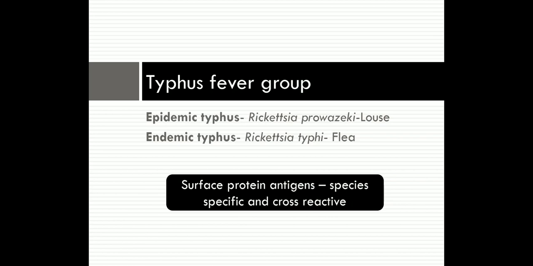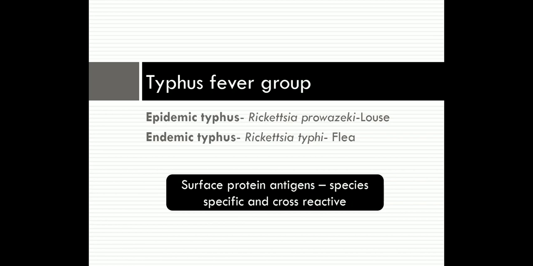So both epidemic typhus and endemic typhus belong to the typhus fever group. The epidemic typhus, to summarize, is caused by Rickettsia prowazekii and transmitted by louse, whereas the endemic typhus is caused by Rickettsia typhi and is transmitted by flea.